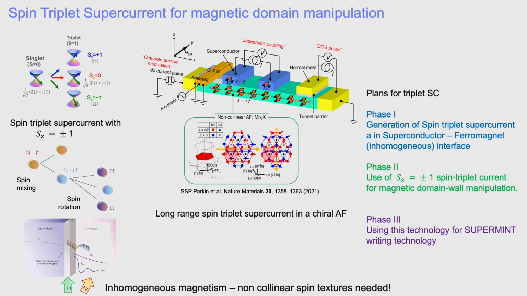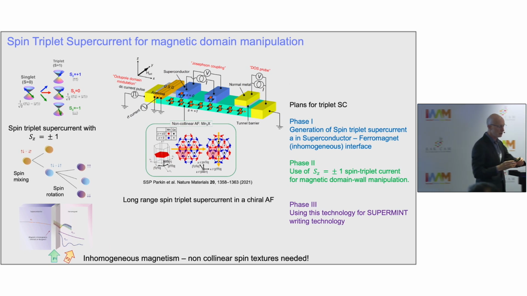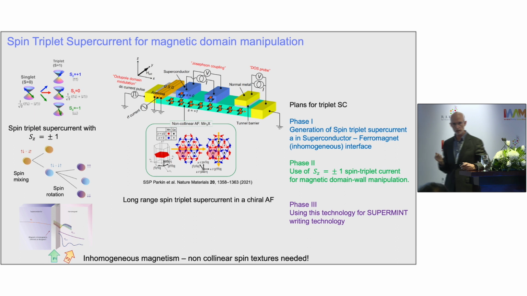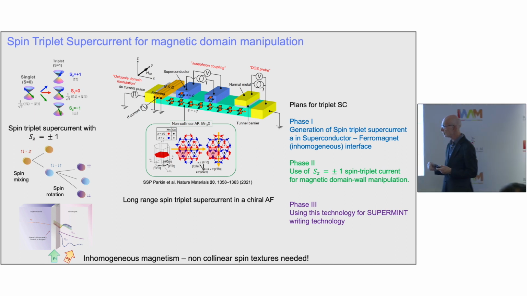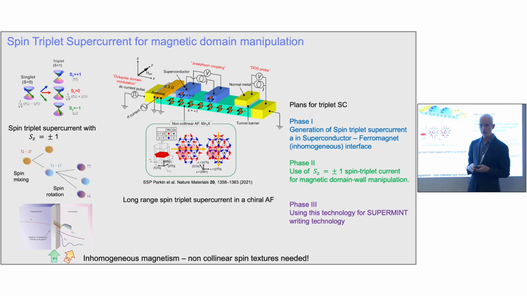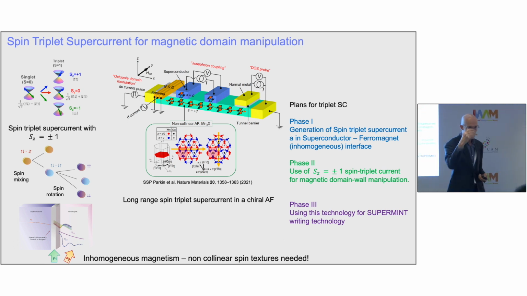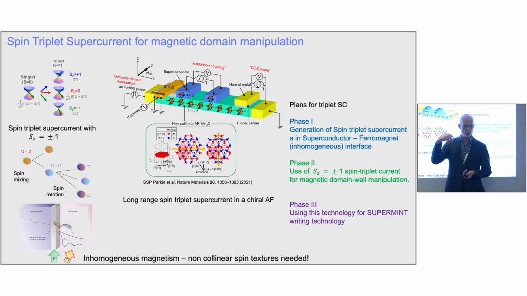Now you all know that in a conventional ferromagnet, because of the exchange field opposite on the two directions, when singlet Cooper pairs are injected into a ferromagnet, they survive only for 2 nanometers. The triplet pairs, on the other hand, survive for hundreds of nanometers, as we have shown here.